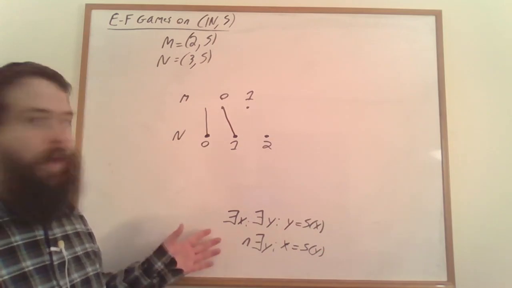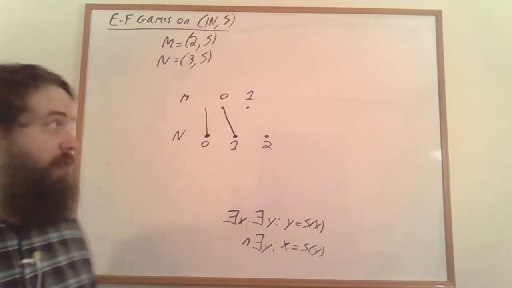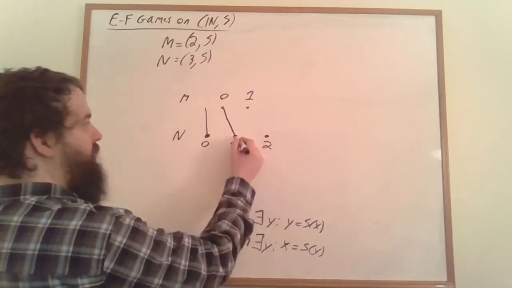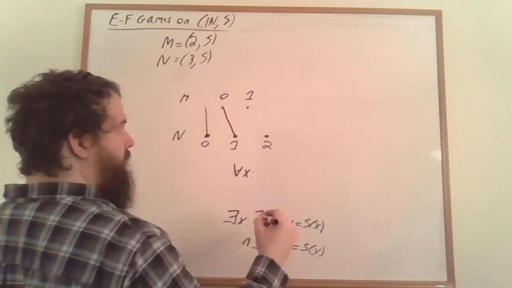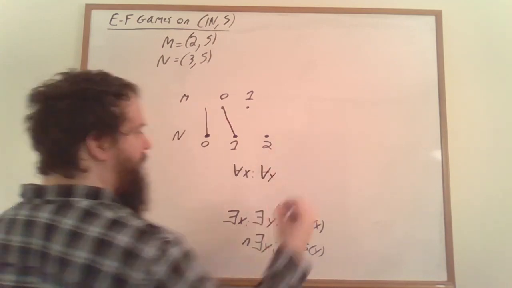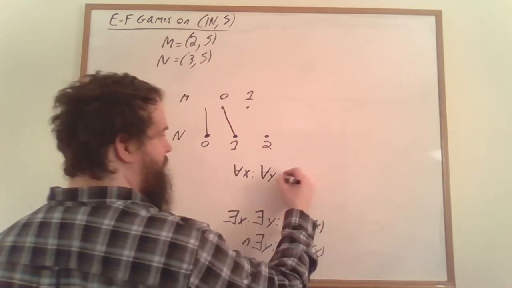So this is what's happening in n, and we take the negation. No matter where duplicator matches this original x to, it's either going to be the case that every y is not the successor of x.